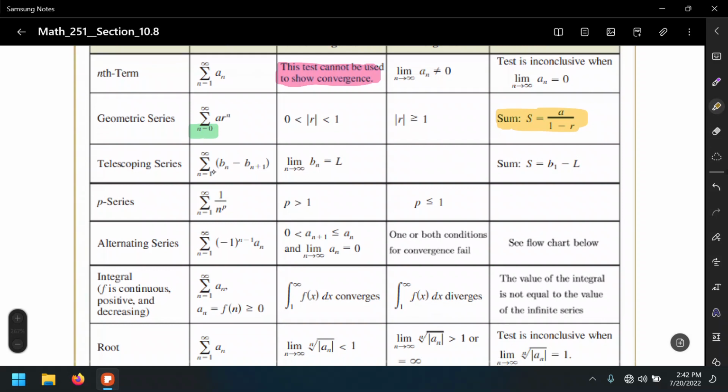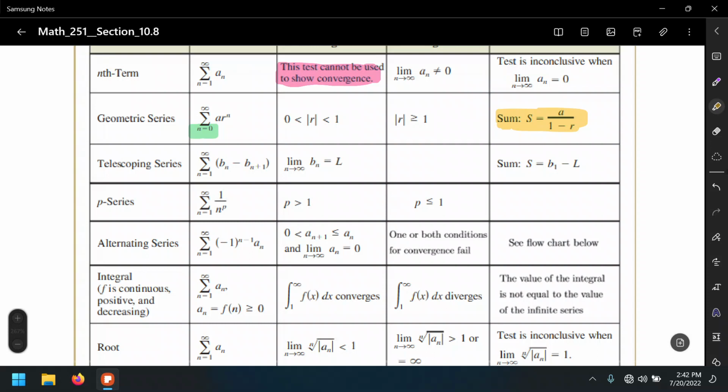Telescoping series. The textbook first asks you to expand some terms, and then come up with a limit expression and compute the limit. But all we did in our class is just cancel the terms.